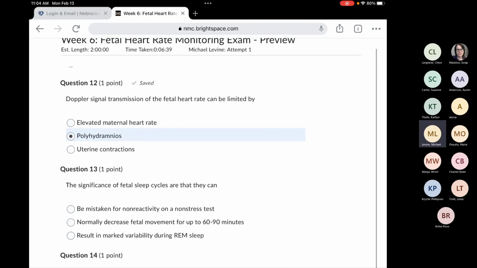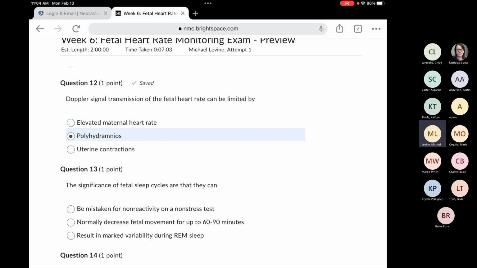The significance of fetal sleep cycles are that they can be, and that's clear, they can be mistaken for non-reactivity on a non-stress test. Normally decreased fetal heart rate, fetal movement for up to 60 to 90 minutes is a little too long to wait. Results in marked variability, that's not correct.